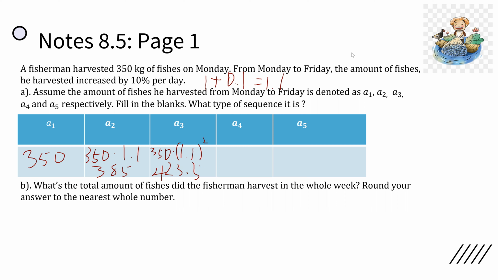Well, at this point, you can find a pattern here. This is a sequence, starting from 350, and each time you multiply by 1.1 to get the next term. So A sub 4 would be 350 times 1.1 cubed.